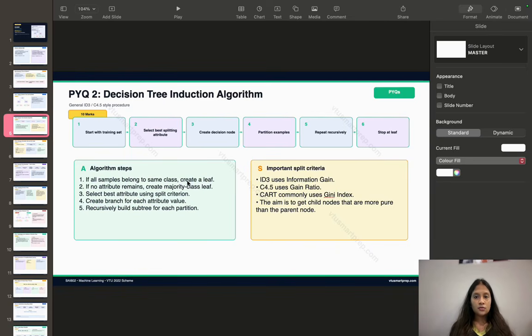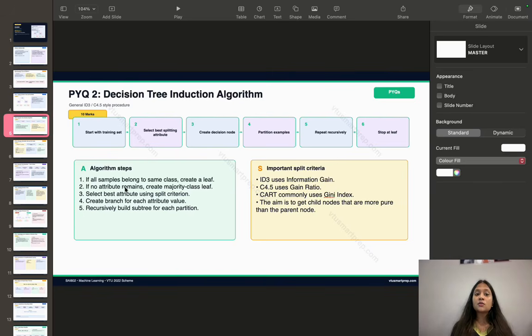So you should know the steps of the decision tree induction algorithm. In the first step, it checks whether all the samples belong to the same class or not. If the samples belong to the same class, it creates the leaf node.